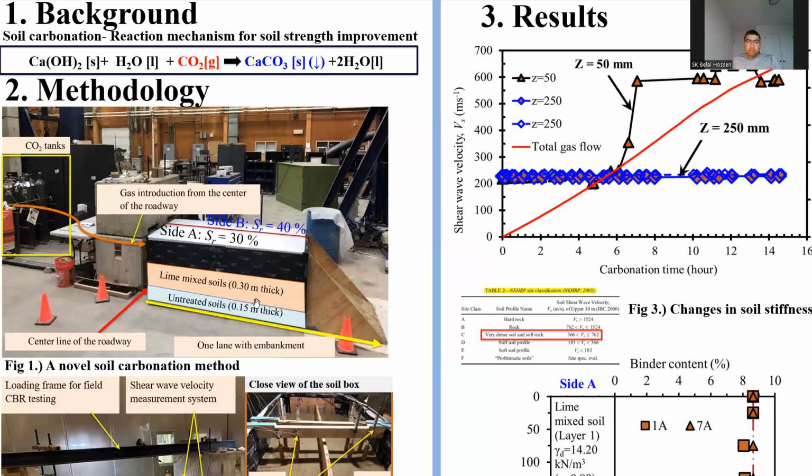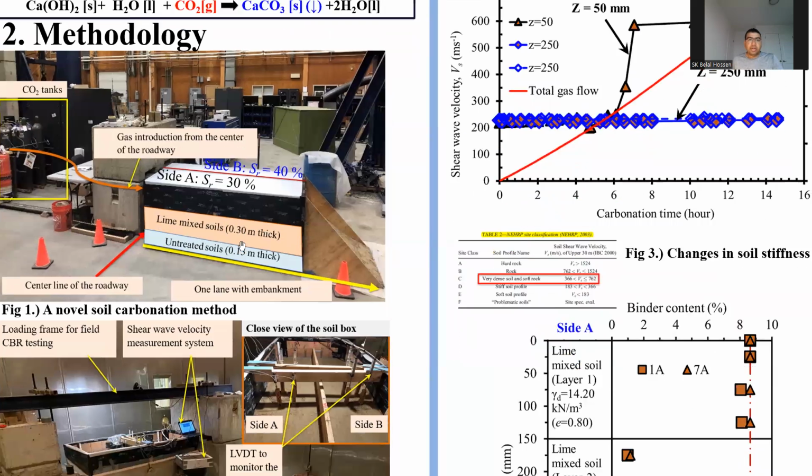As the box was constructed, we also made some instrumentation, for example, thermocouples and bender elements to monitor the temperature changes due to the chemical reaction and shear velocity changes to monitor the stiffness, to see the improvement that's happening instantaneously. So this figure is our overview of the overall soil carbonation experiment.